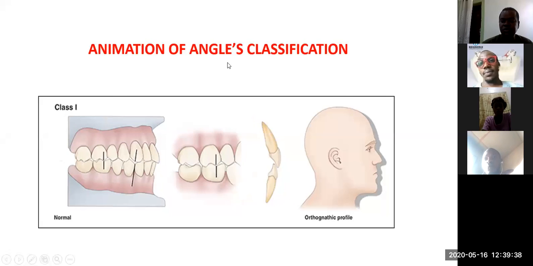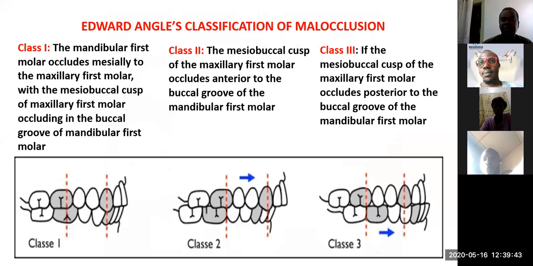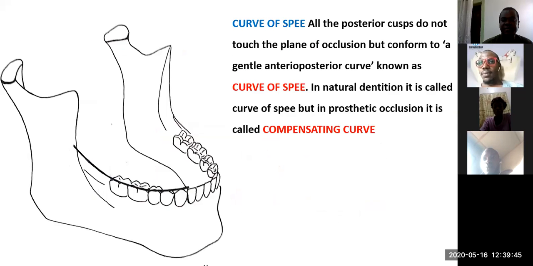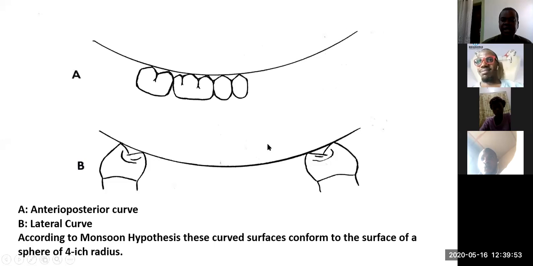Then let us go to the curve of Monson, which Abdul Muttalib asked about. This is the curve of Monson. Let me put it this way, it will be better understood here.